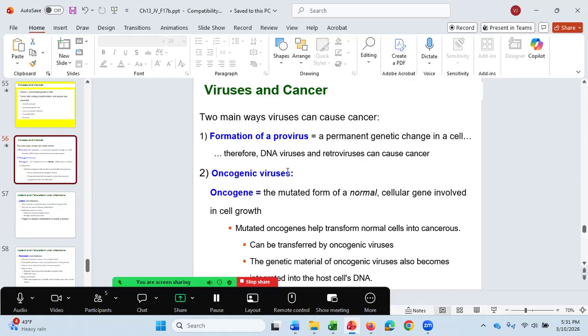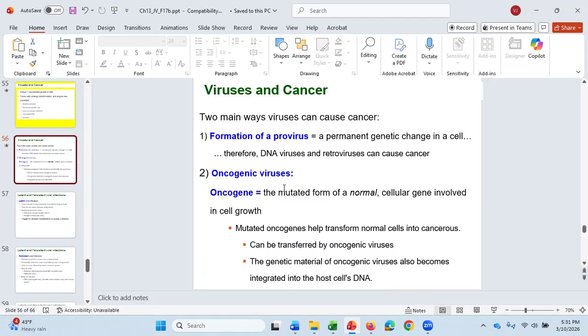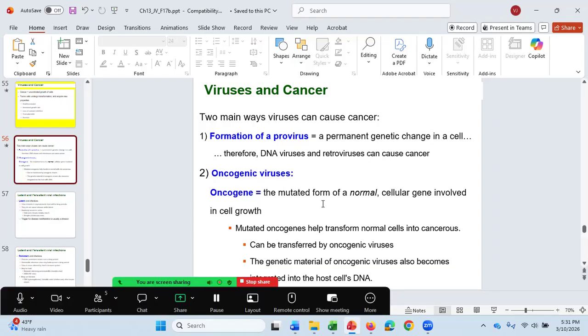The second way a virus can cause cancer happens with an oncogenic virus. An oncogenic virus is a virus that contains an oncogene. An oncogene is a cellular gene involved in cell growth, but it's a mutated form of the normal cellular gene. And this mutated gene causes the cell to grow, and that starts the cancer process.